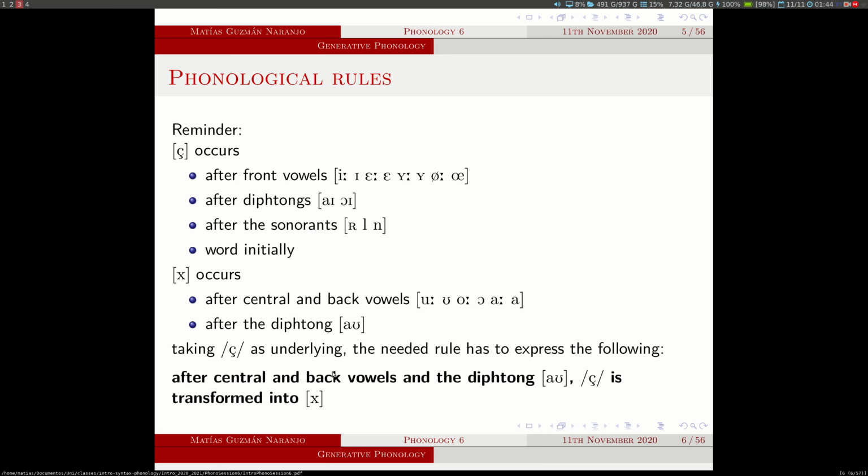So you see the sh-like form is much more frequent, or more general, than the h-like form. We assume it to be the underlying form. However, we need a rule that converts from one to the other.